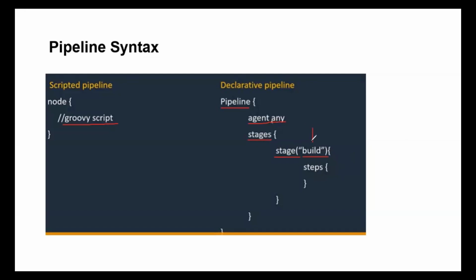This is basically the label for the stage, and here you will put in what exactly you want to do as part of that stage. So this is how the declarative pipeline looks, and we will also see a sample pipeline script. As part of the lab, I'm also going to do a demo on how to clone your GitHub repository using the pipeline script.